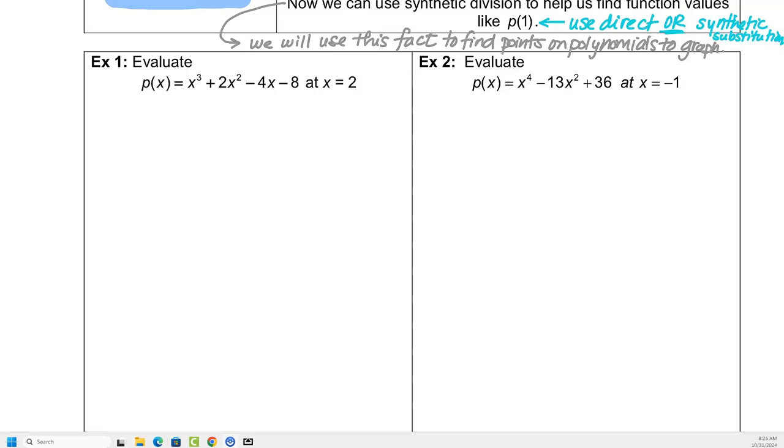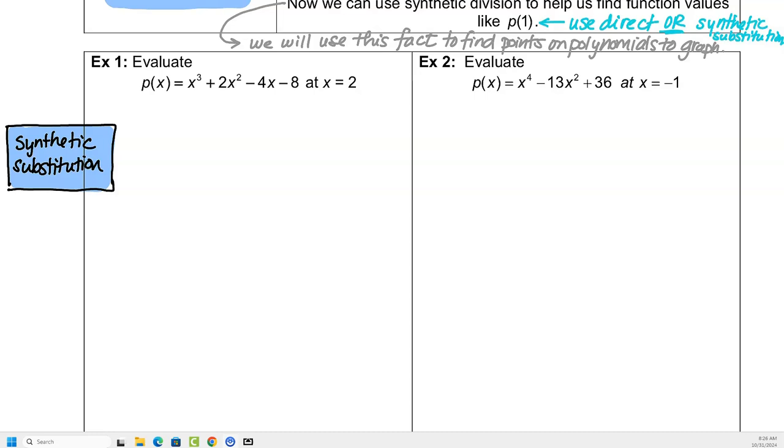So let me do synthetic division first, substitution. And then we'll also verify it with direct. Okay, so we're going to find p of 2.